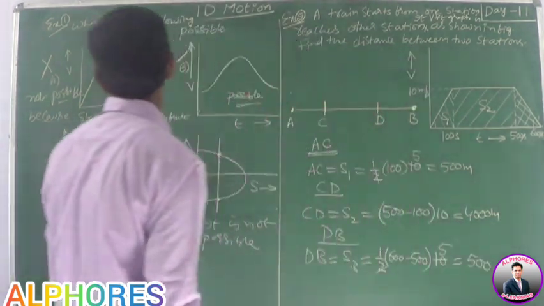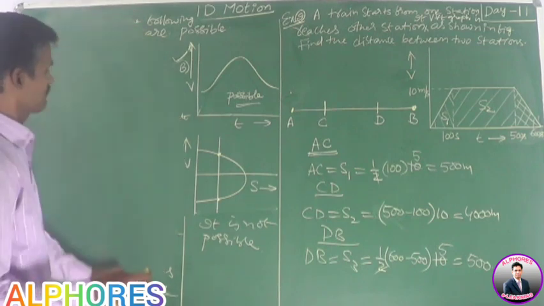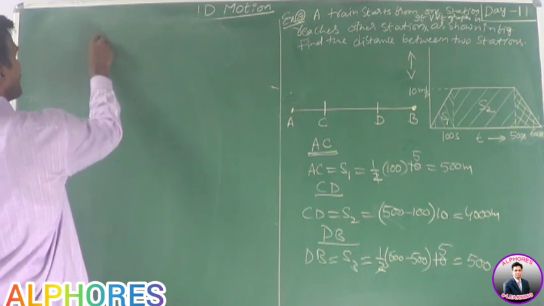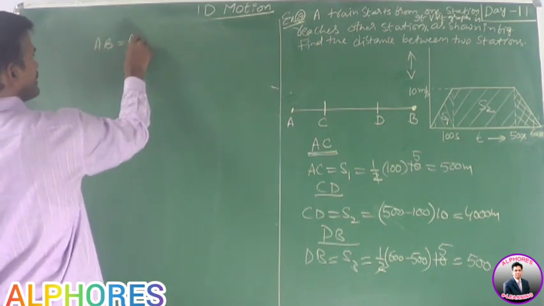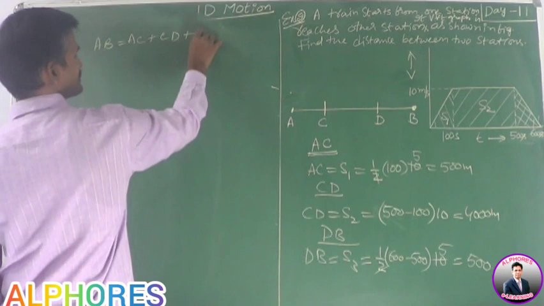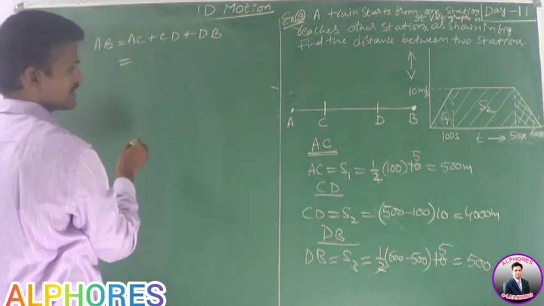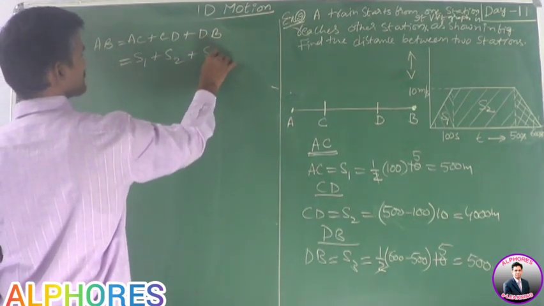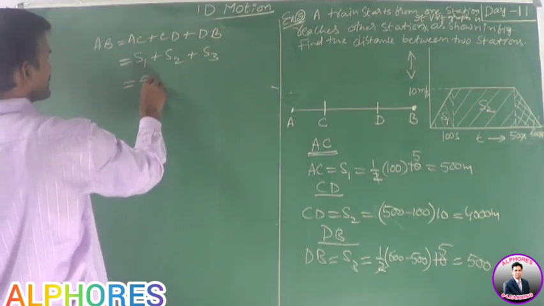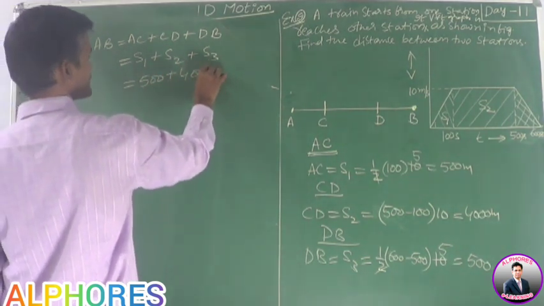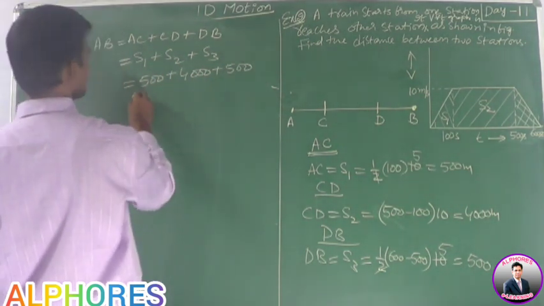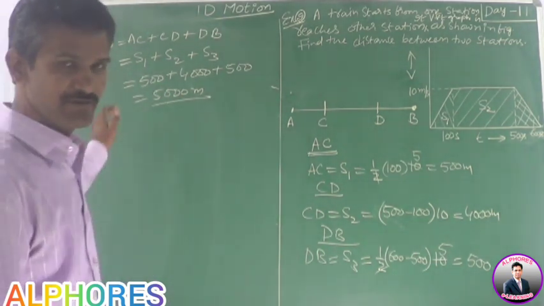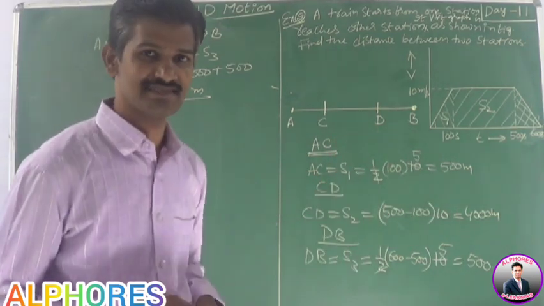So the distance between the two stations, AB, is given by AC plus CD plus DB. That is nothing but S1 plus S2 plus S3. That is 500 plus 4000 plus 500. This is 5000 meters, roughly 5 kilometers between the two stations.